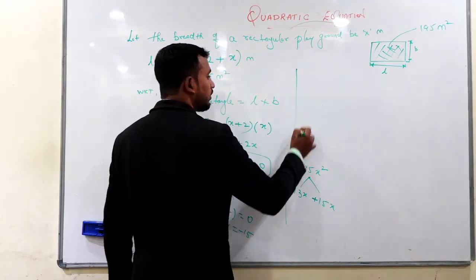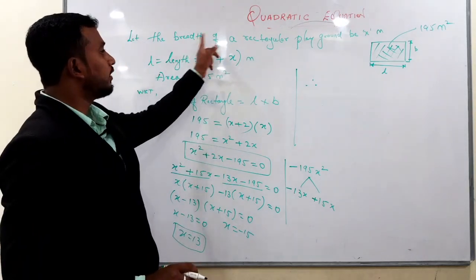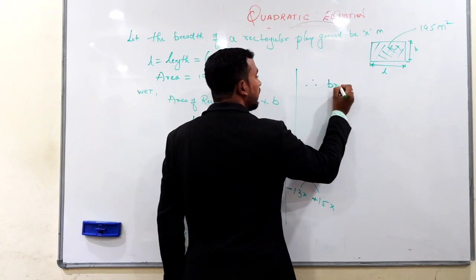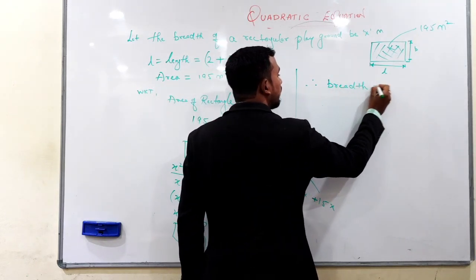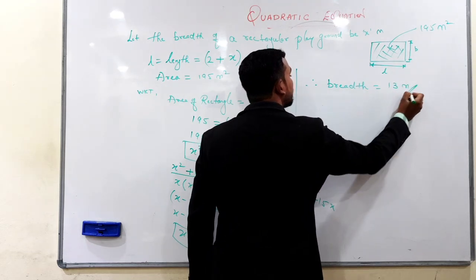Now final conclusion we can write here. Therefore, what is x? Breadth. x is what we have assumed as breadth. Correct? So therefore, breadth is equal to 13 meters.